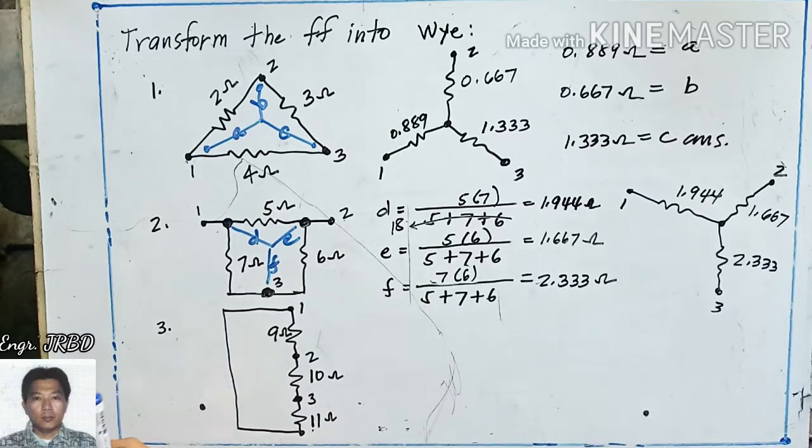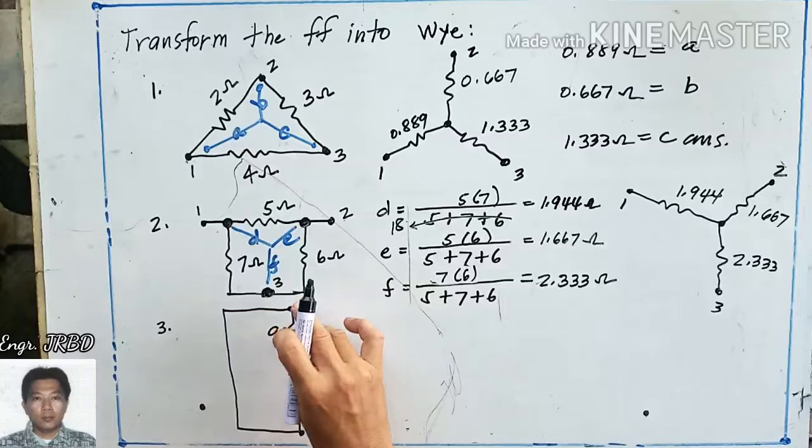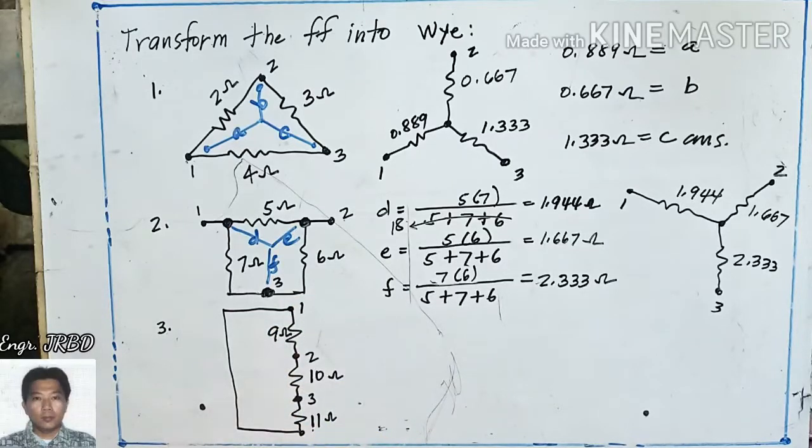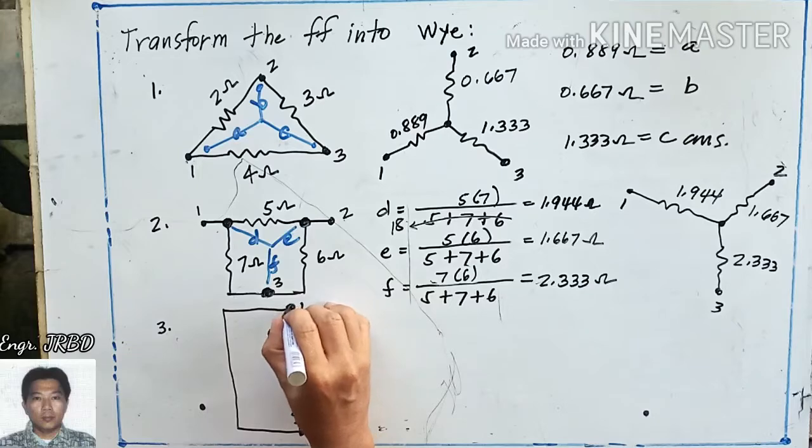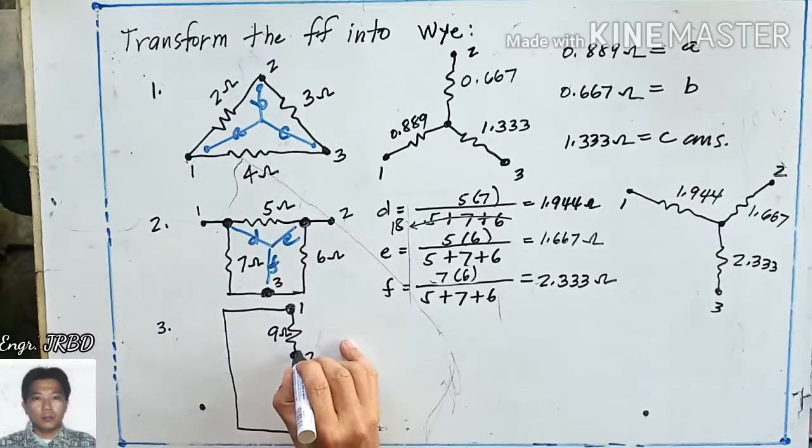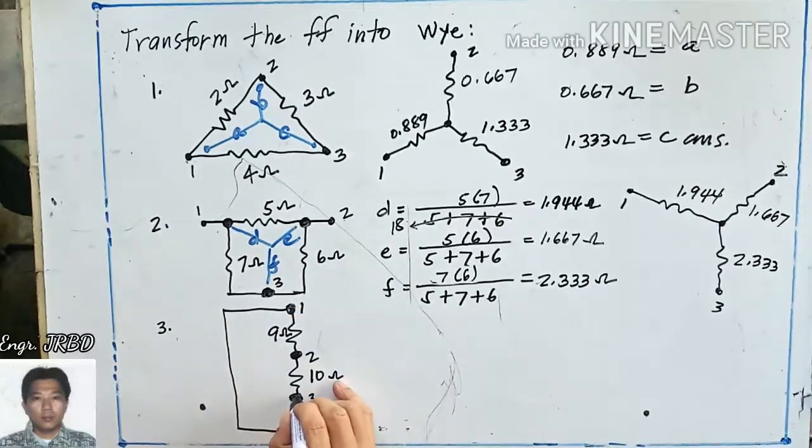In our last example, your 9, 10, and 11 ohms are in delta. You need to convert this into an equivalent Y. Try to mark your terminals. This is terminal 1. Terminal 2 and terminal 3.